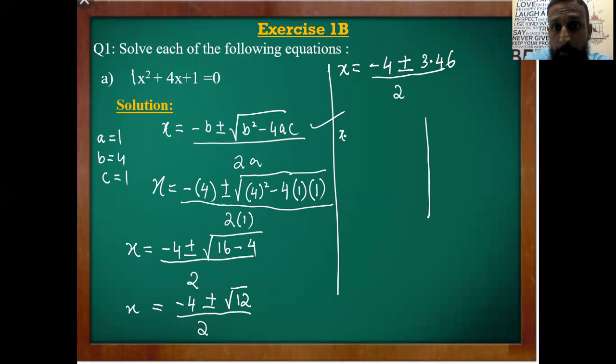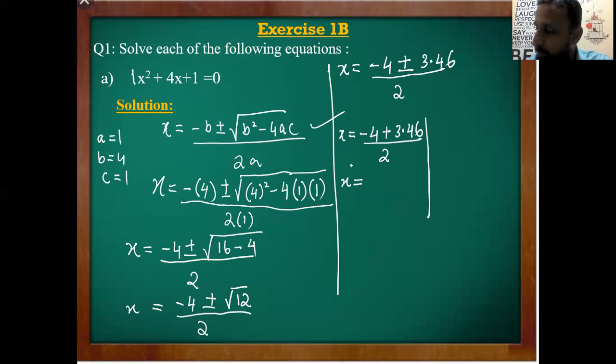So let's do it. x equals negative 4 plus 3.46 whole upon 2. Again, we are allowed to use a calculator very quickly. Please use your calculator. Negative 4 plus 3.46.